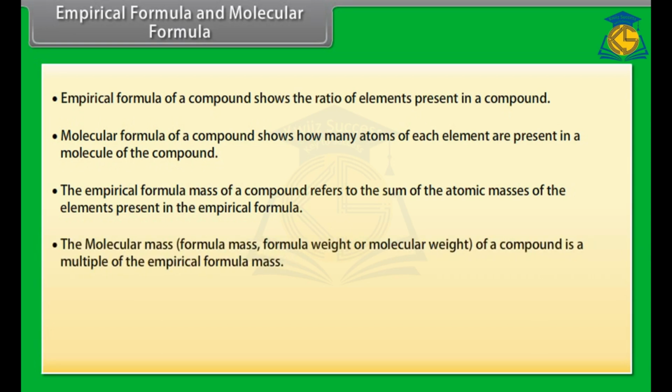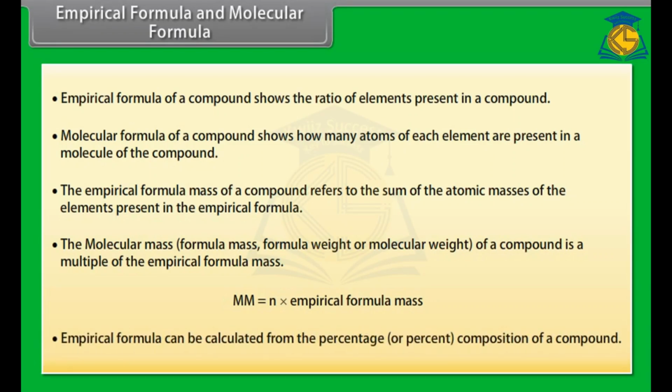The molecular mass, formula weight, or molecular weight of a compound is a multiple of the empirical formula mass. Mm is equal to n times empirical formula mass. The empirical formula can be calculated from the percentage composition of a compound.